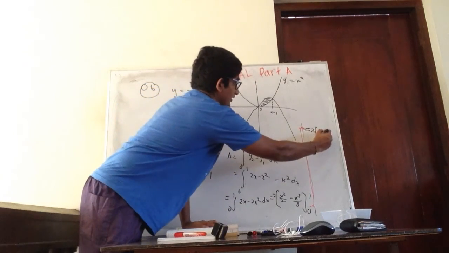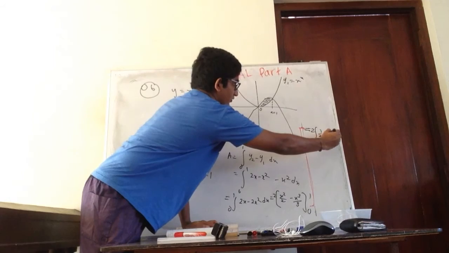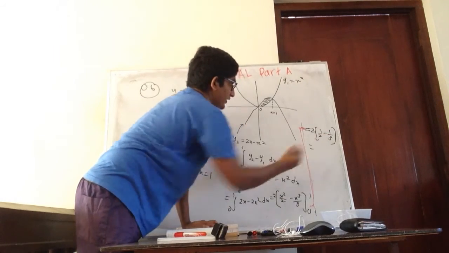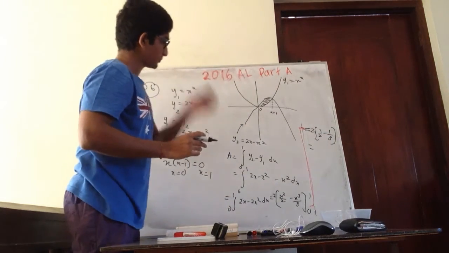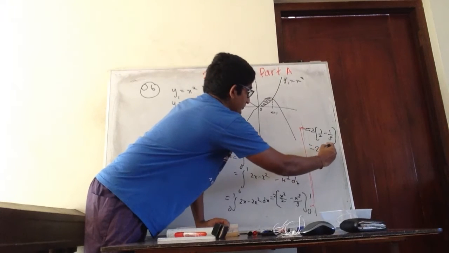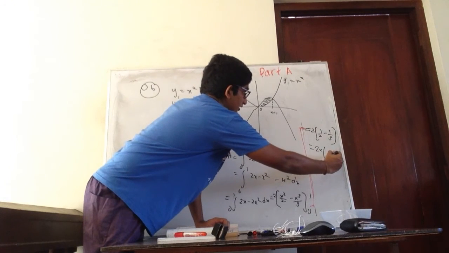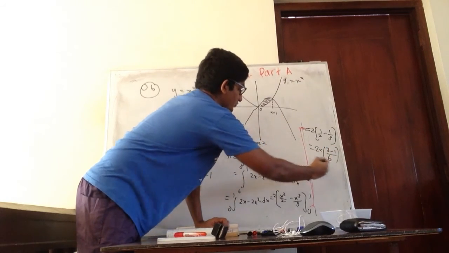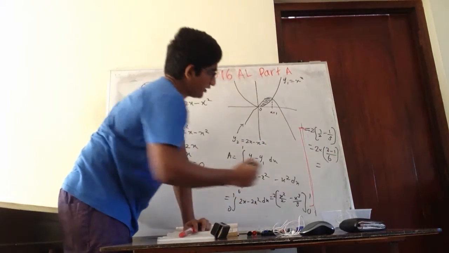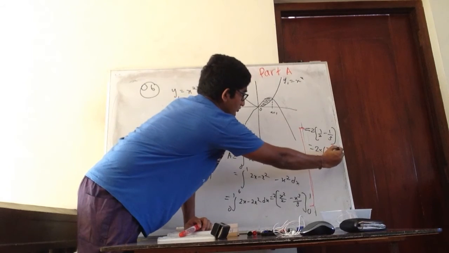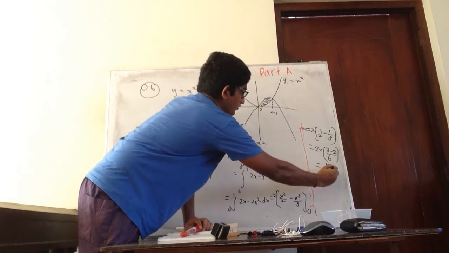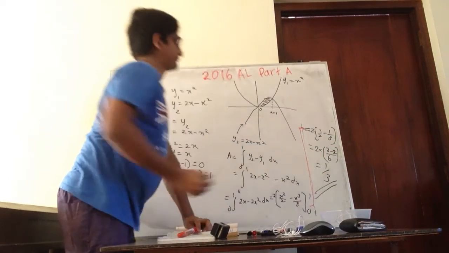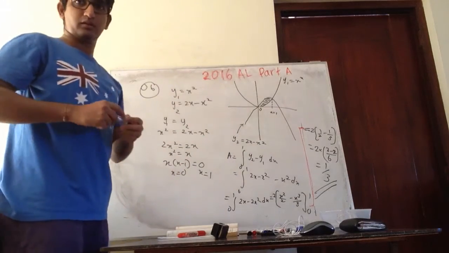I'll just take half minus 1 over 3. Then I will get what? 2 times 3 is 6, so 3 minus 2. That means the answer is 1 over 3.